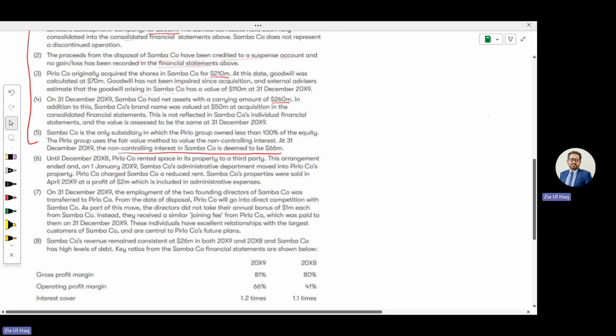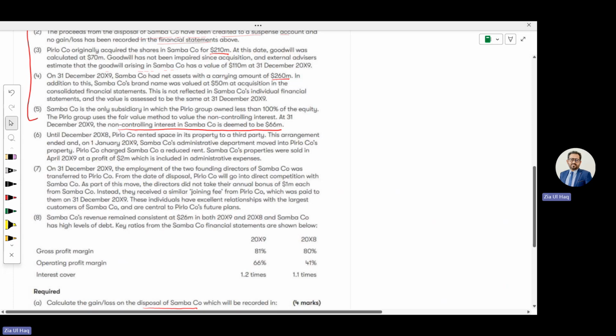Let's read note 6, 7, 8, and then we will move towards part B. Note 6. Until December 2008, till last year end, Pirlo company rented space on its property to a third party. This arrangement ended and on 1st January 2009, Samba company's administrative department moved into Pirlo company's property. Pirlo company charged Samba company a reduced rent.